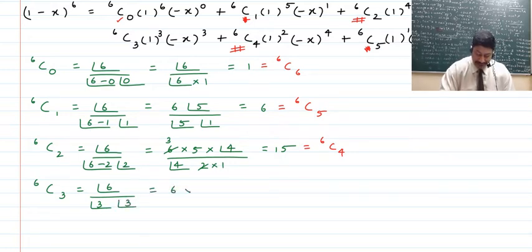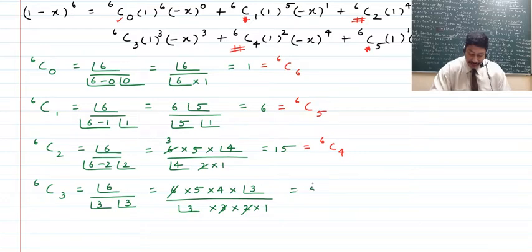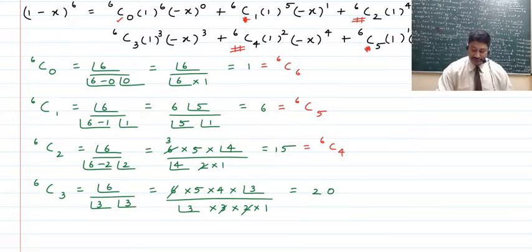Now this we can write as 6 into 5 into 4, which is further multiplied with factorial 3, divided by factorial 3 multiplied by factorial 3, which can be written as 3 into 2 into 1. Now 3 times 2 becomes equal to 6, which cancels with 6. Factorial 3 and factorial 3 also get cancelled, so 5 into 4 will become equal to 20, and that, children, is the next binomial coefficient, 6C3. Now that we have all of these binomial coefficients, we're going to keep their values in their proper places.